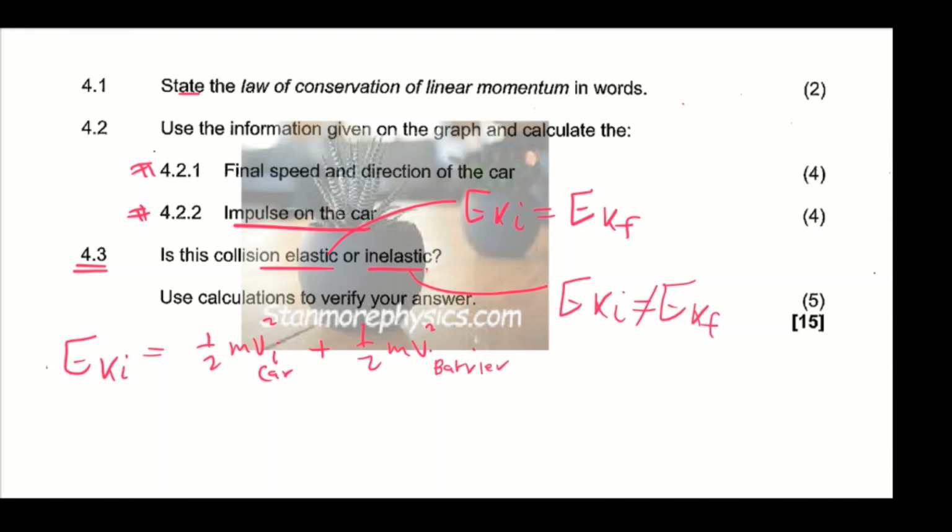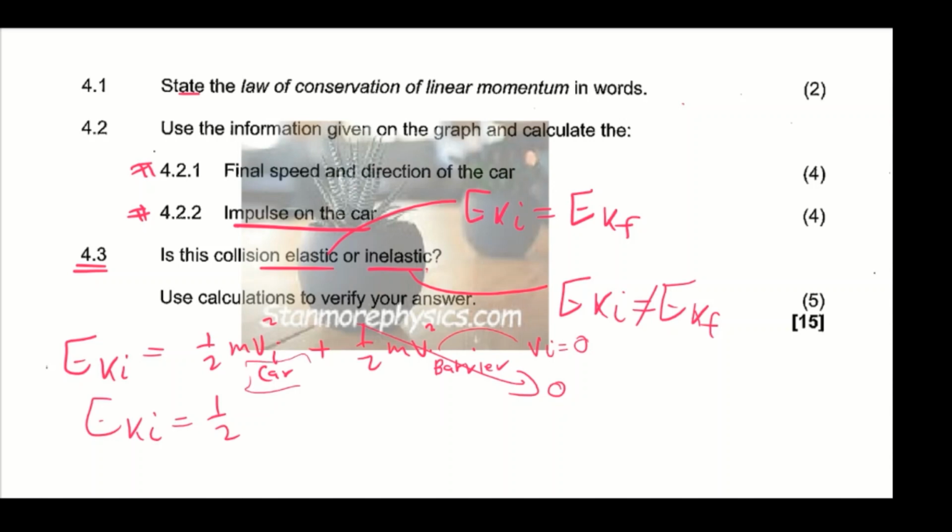So what's going to happen here is the initial velocity of the barrier was 0, because the barrier was just standing there, it was still. So the v initial of the barrier is 0, making this whole expression equal to 0.